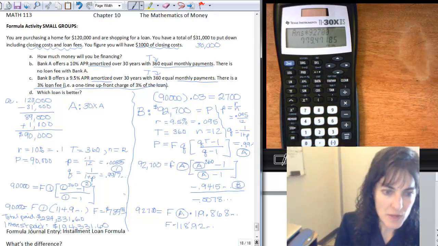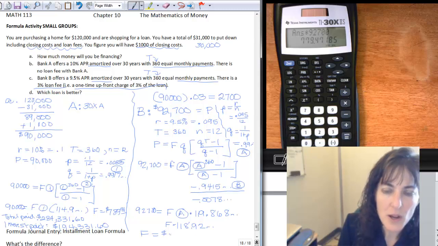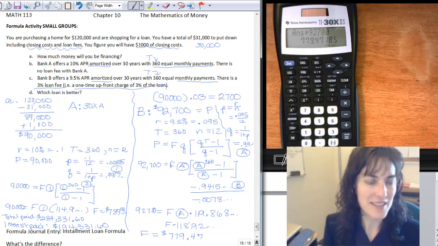And that gives me a payment amount. My F equals a payment amount of 779.47, and the following digit is a 1, so I'll leave the 7 as it is.